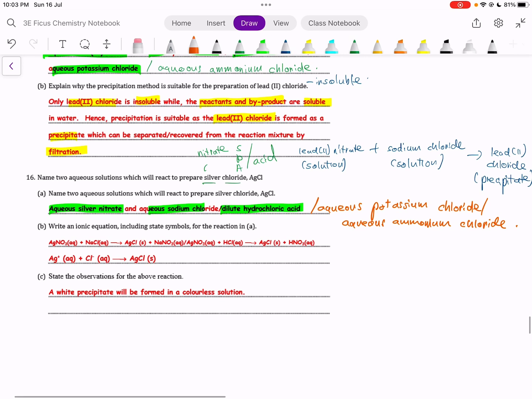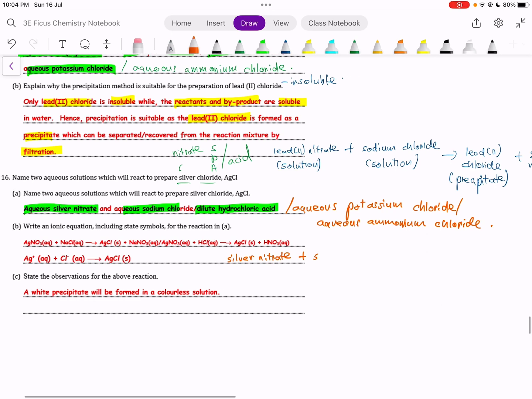Then write an ionic equation including state symbols for the reaction in A. In this case, let's say we choose sodium chloride. So basically it is this way: silver nitrate plus sodium chloride gives you sodium nitrate plus silver chloride.